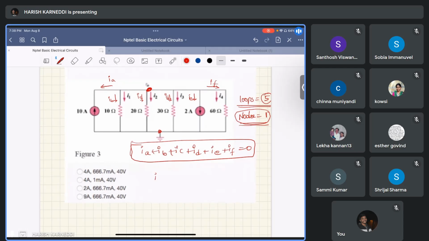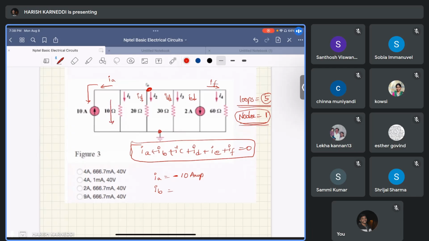First, IA. IA is in this direction, but the source current direction is opposite. Whatever direction we consider is exactly opposite to the source direction, so the source is negative relative to our considered direction, that is minus 10 amperes, right? And IB is the current flowing through this 10 ohm.